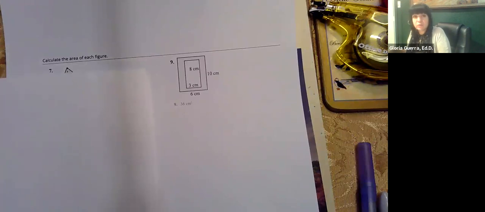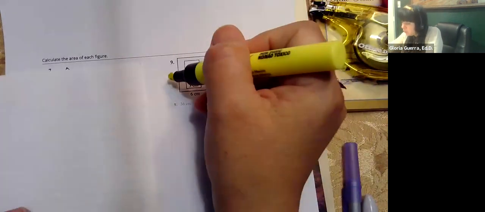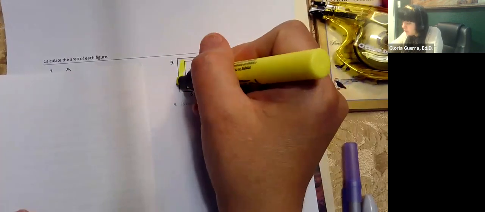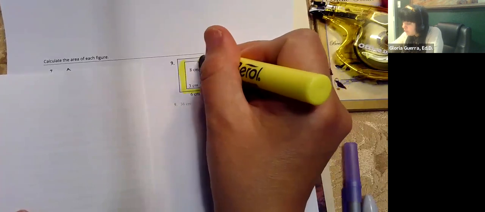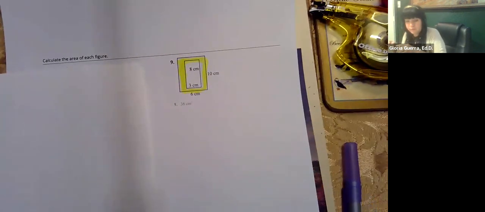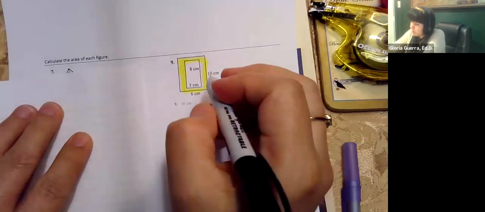So for number 9, they want you to calculate the area of each figure. And in this case, it is shaded, highlighted in gray, but it just looks really light on my cover. I don't know how yours looks, but you are trying to find that area there. So you want to start off with taking the larger area.